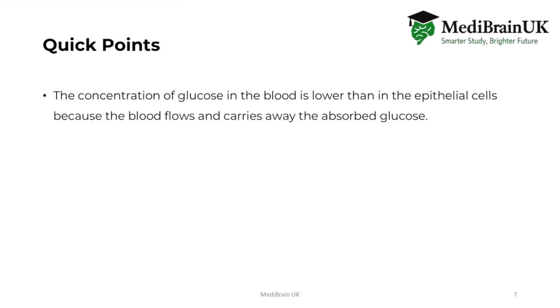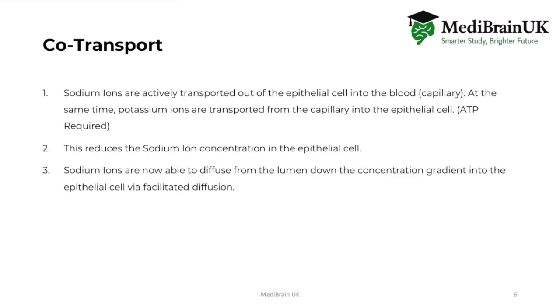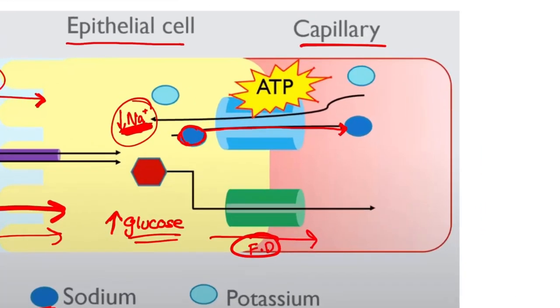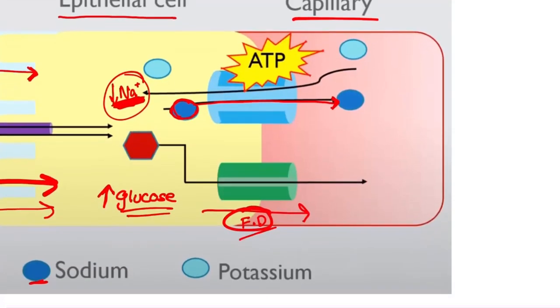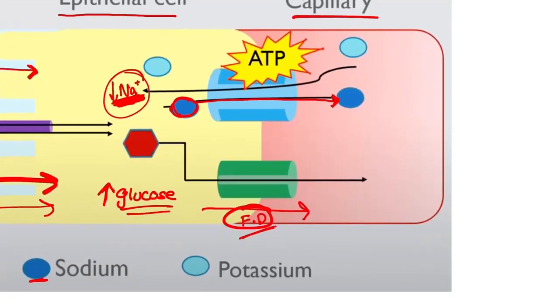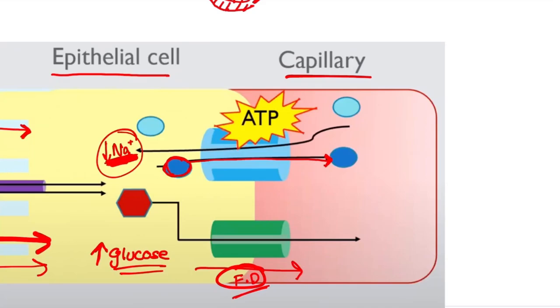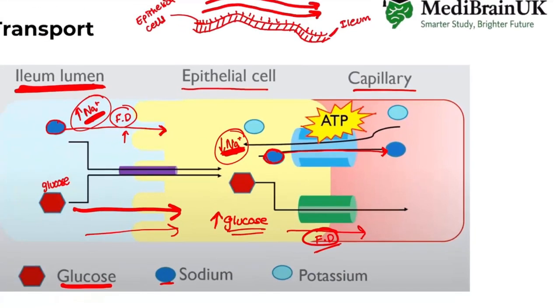Just some quick points I need to add on to that. The reason why, if we look at the image, glucose is able to move by facilitated diffusion is basically because the blood is constantly moving the glucose. The blood capillary is constantly moving the glucose to where it needs to be. There's a fast blood supply. It's constantly moving as soon as it gets glucose.